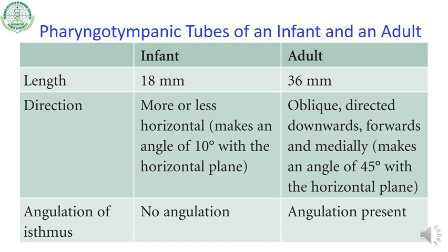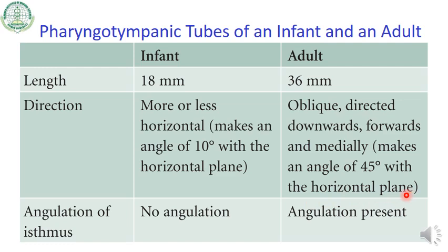The direction of the pharyngotympanic tube in an infant is almost horizontal. That means it is making an angle of only 10 degree with the horizontal plane, while in an adult this direction is oblique. It is directed downwards, forwards and medially, and due to this obliquity it is making an angle of about 45 degree with the horizontal plane.